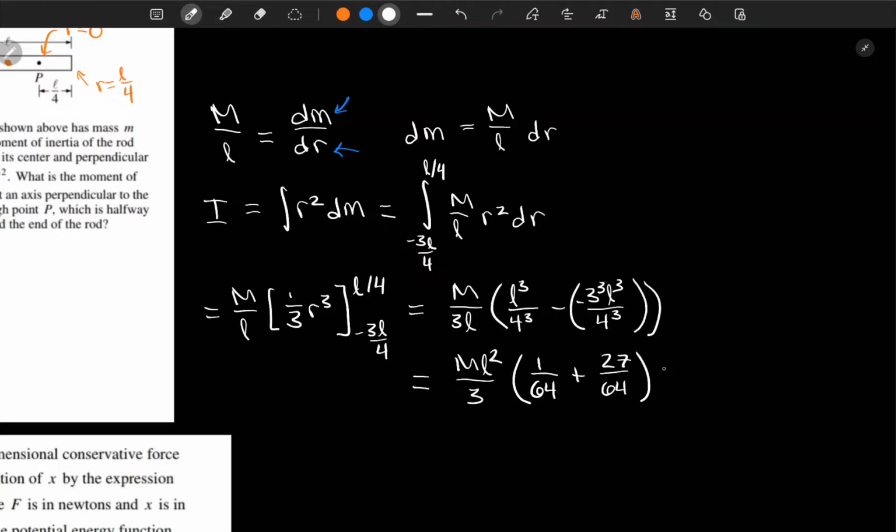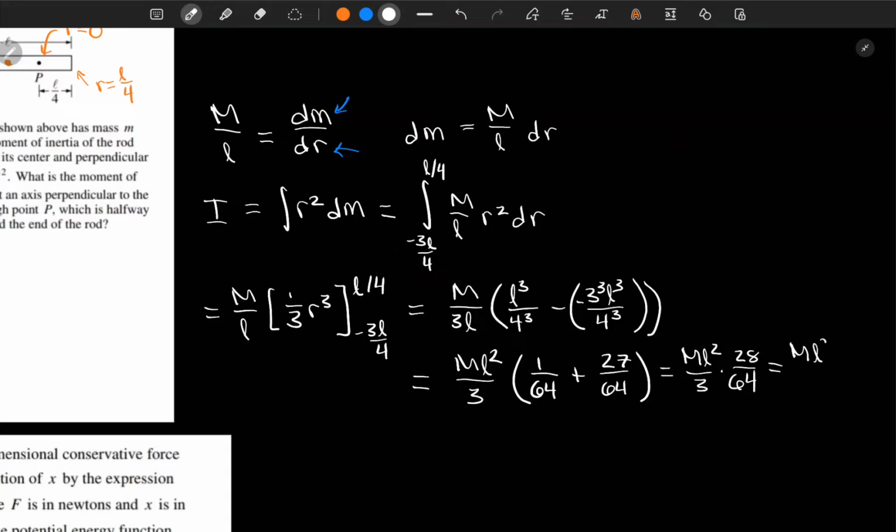Adding these together, we get m L squared over 3 times 28 over 64. 28 over 64 can be simplified to 7 over 16.